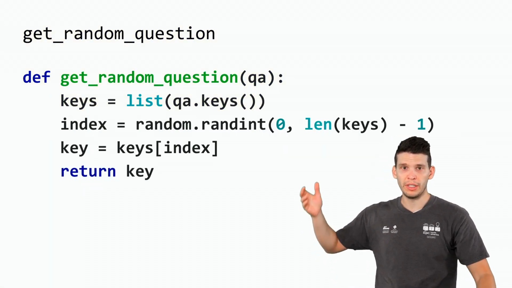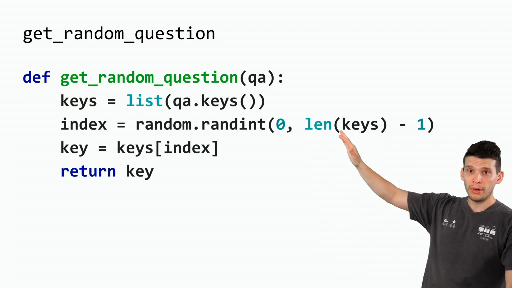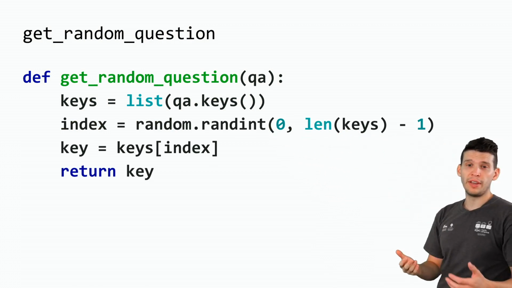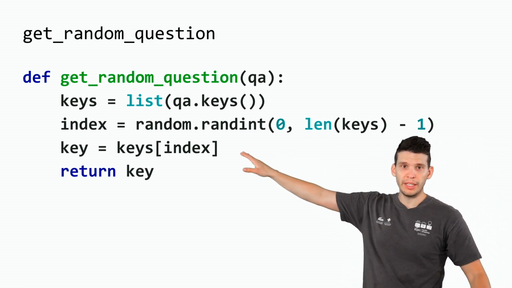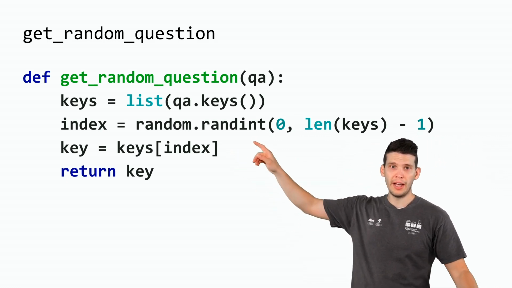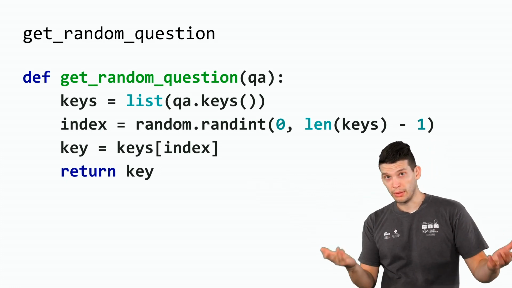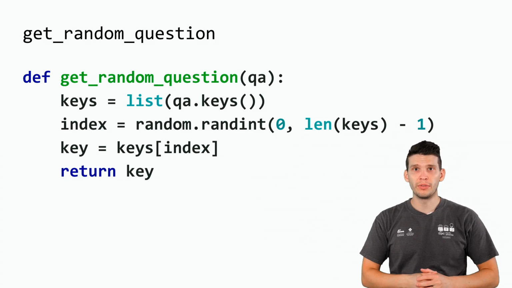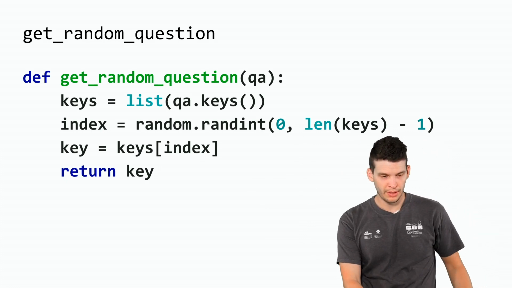And so if we get a random number that's between 0 and the length of our list minus 1, so that it's a valid index, and then we get whatever question is at that index, and then we just return that value. So this will get us a random question from our question-answer dictionary.